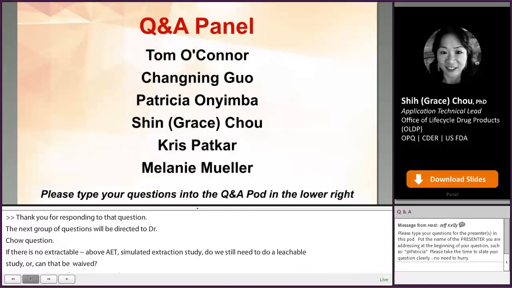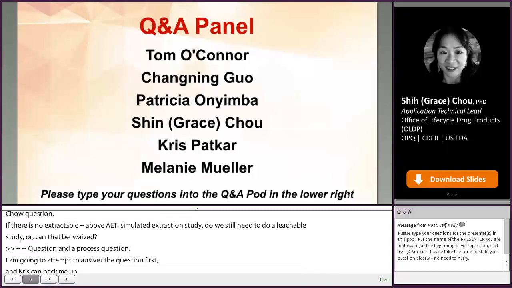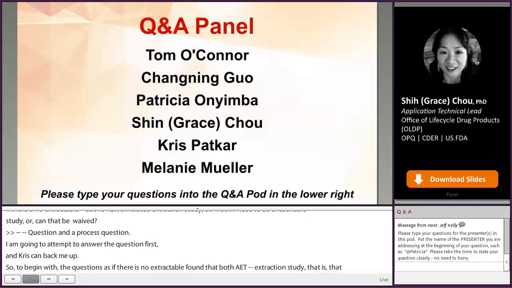So to begin with, the question says, if there's no extractable found above AET in a simulated extraction study, that scenario doesn't usually happen in an extractable study, because usually we find something if the condition is harsh enough.